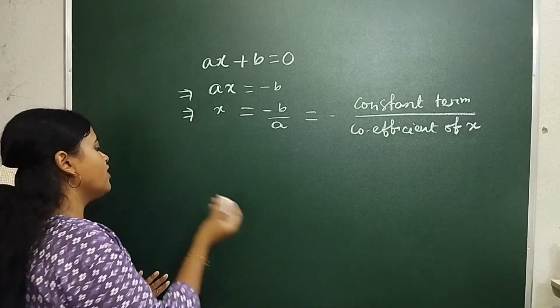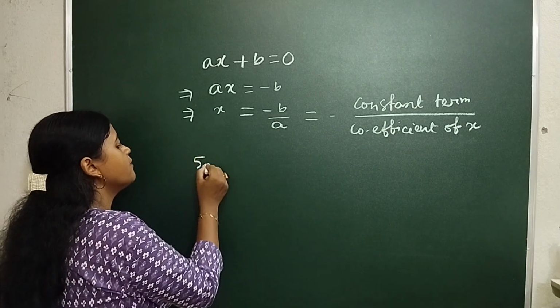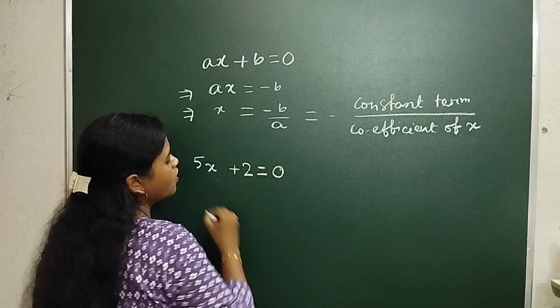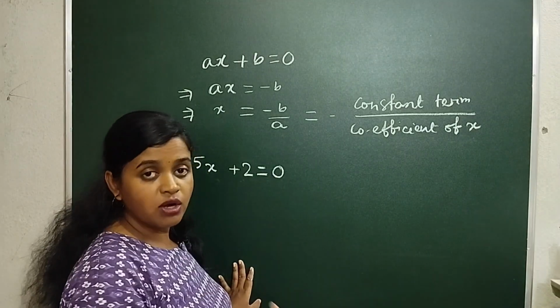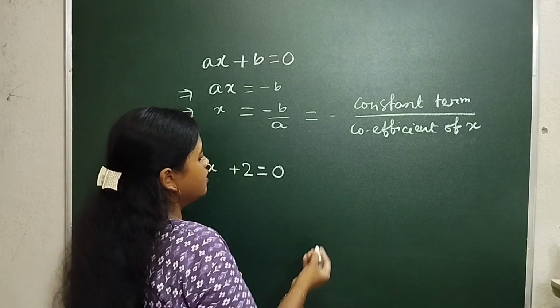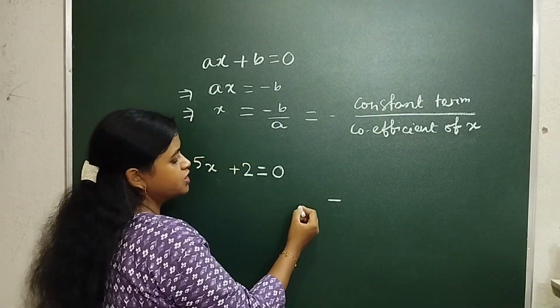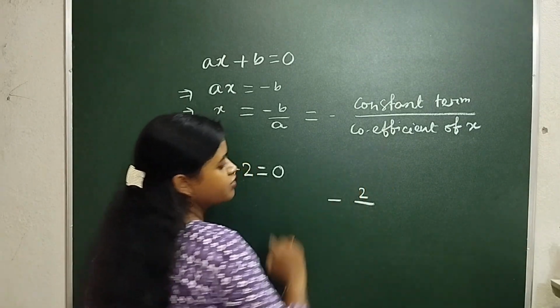Okay, so if I take another example of a linear polynomial, we can write 5x plus 2 equals 0. So we can find the zero of the polynomial without calculating the value of x. How? This is the formula: minus of the constant term, which is 2 here, by the coefficient of x.